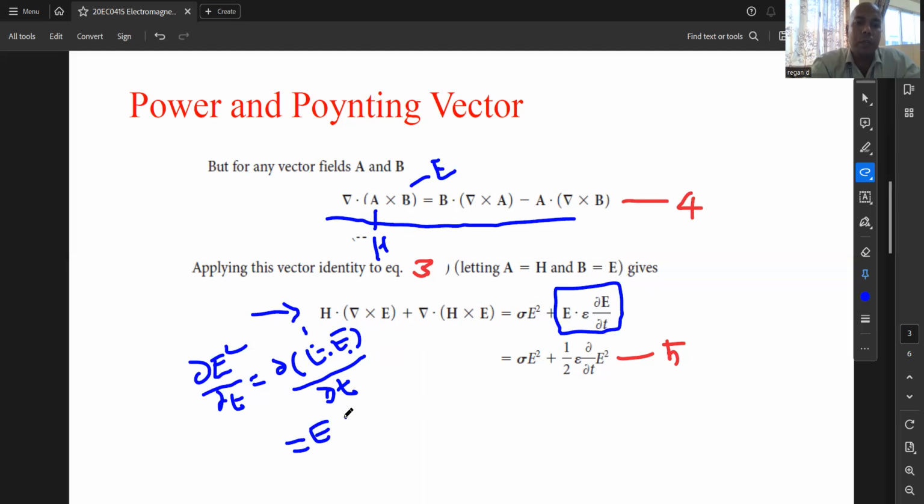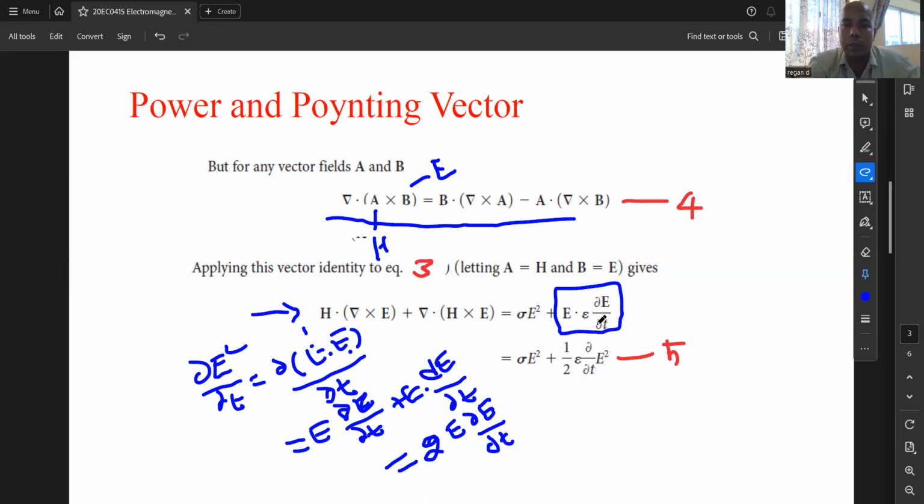So the result will be dou E divided by dou T plus, so U dV by dt plus V dU by dt, divided by dou T. Both are the same only, so it is equal to 2 E dou E divided by dou T. See that here we have the term E dou E. This can be like epsilon E dot dou E divided by dou T. We can write this.